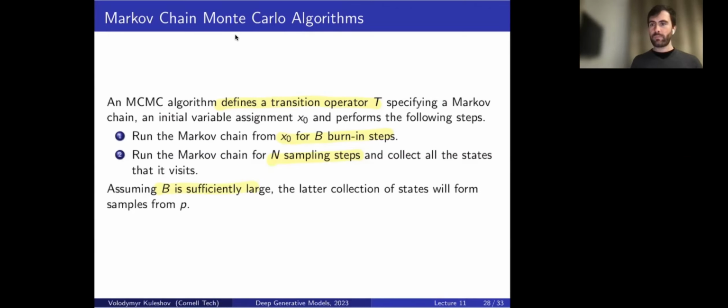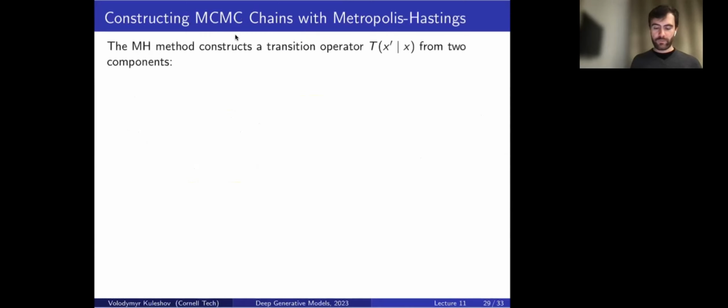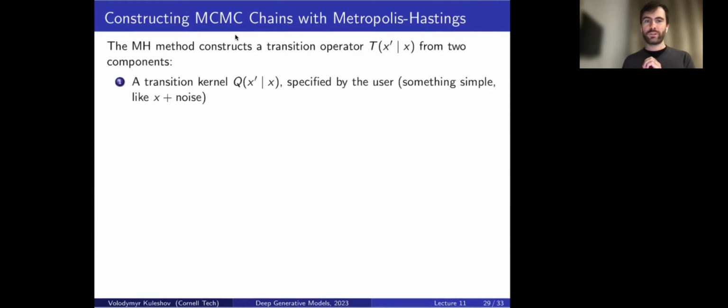Okay, since I'm out of time, these slides are available after the lecture. I'll just mention that there's a general way of constructing an MCMC chain for the distribution that I want. And this is called Metropolis Hastings.